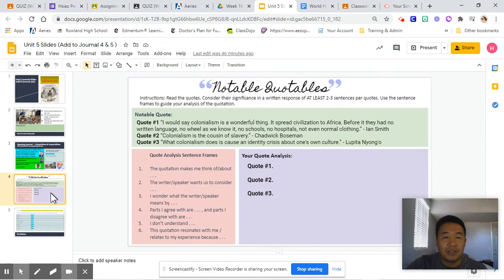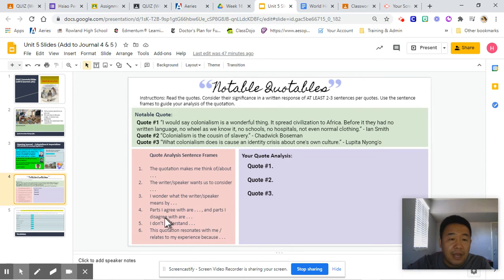And then you're going to analyze the quotes that were given. So it's the same three quotes. Okay, so this one by Ian Smith, this is one from Boseman, and this one from Nyong'o. And so you want to think about how to analyze these, okay? For each quote, talk about them and write at least 2 to 3 sentences on what you think they're mentioning. Is it a positive or negative outlook? And really use the sentence frames.